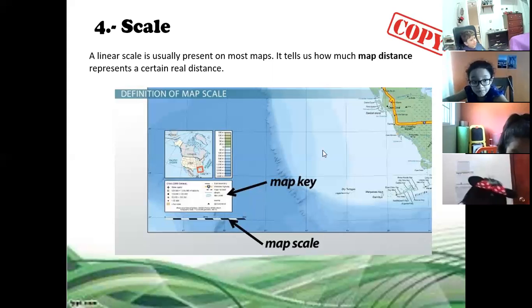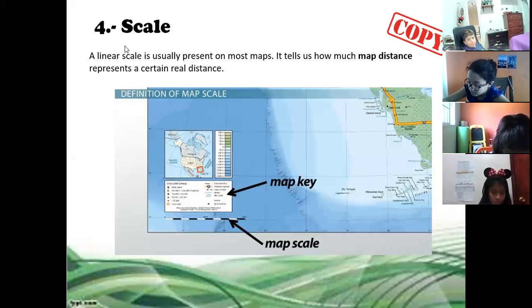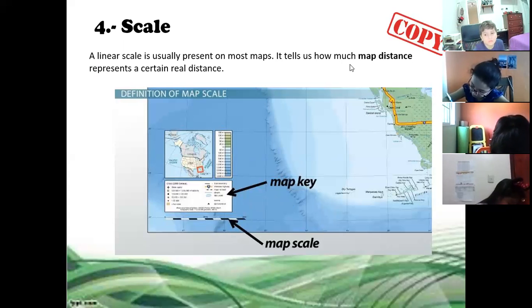You need to write the definition of a map scale. You don't have to copy this. You have to copy the information here on the top. A linear scale is usually represented on most maps. It tells us how much represents a certain real distance.